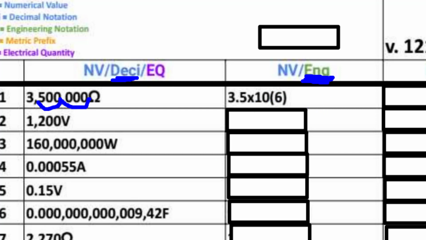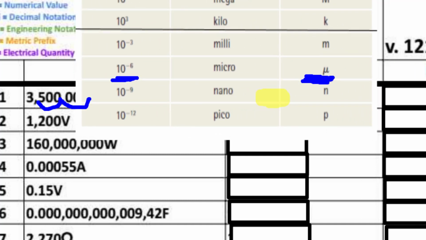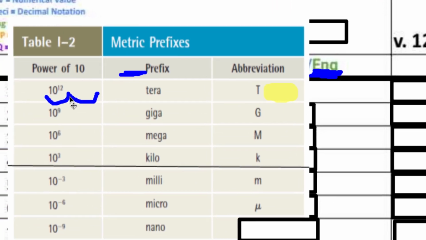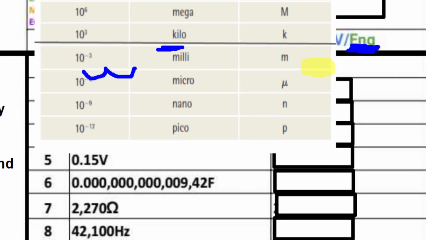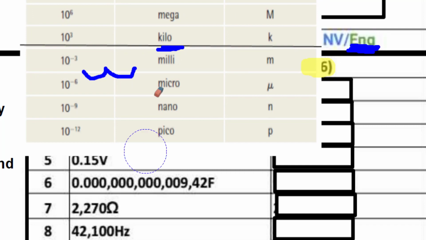Now my next conversion is even easier, because all I have to do is look at this part of my number right here, 10 to the 6th. When I look at this chart, that 10 to the 6th tells me what metric prefix to use.